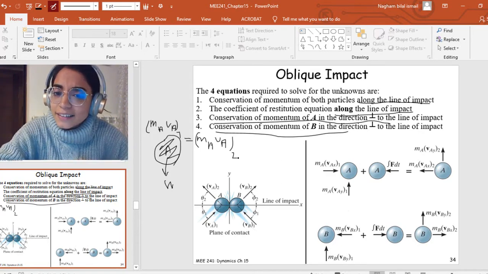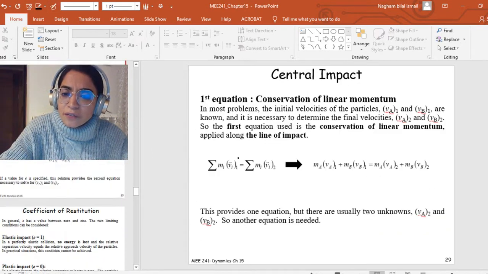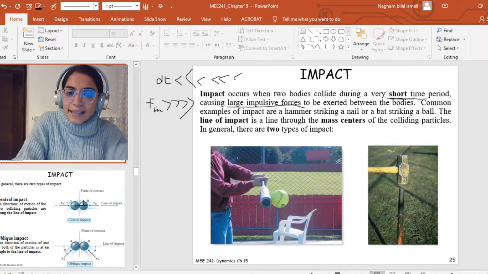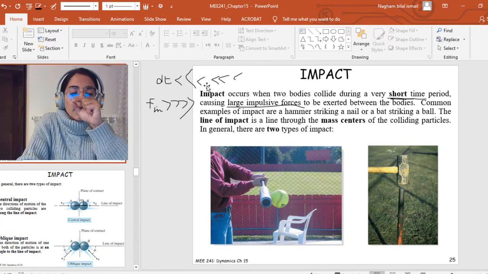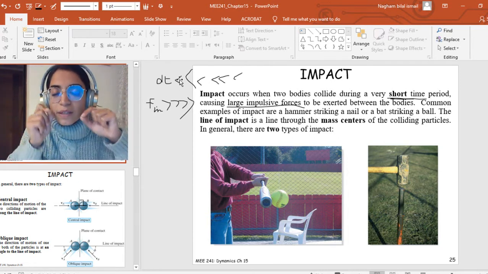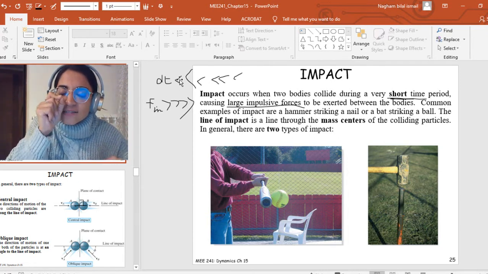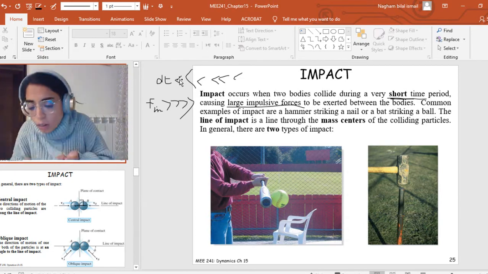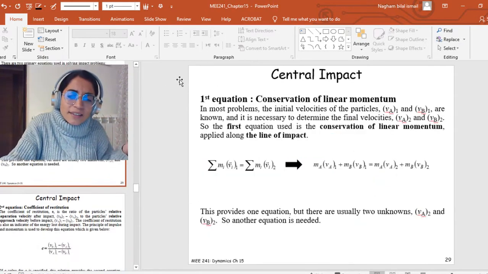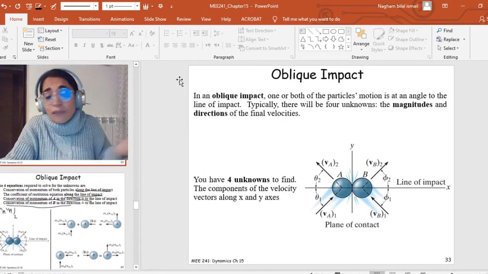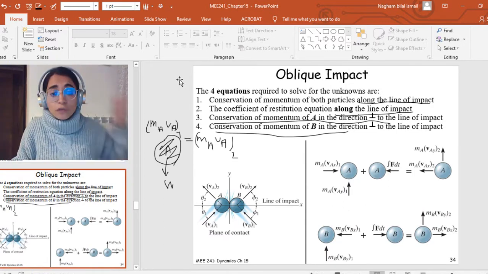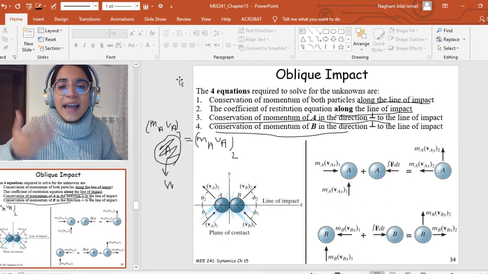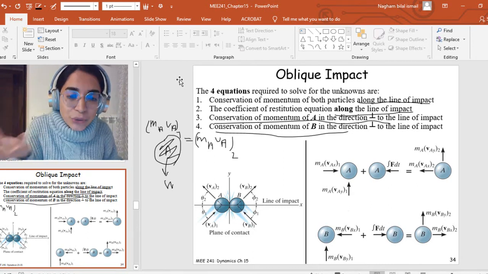In fact, guys, from the first definition of impact, I said that the impact occurs during a very short time, which means, guys, this dt is very small. So if I multiply this dt by any force, the weight force or any other force like the tension, for example, I'm gonna have a neglected term.